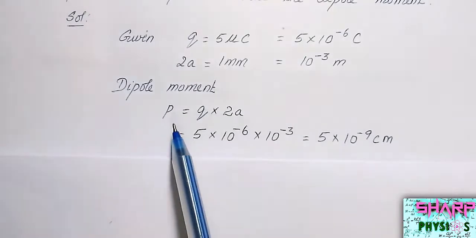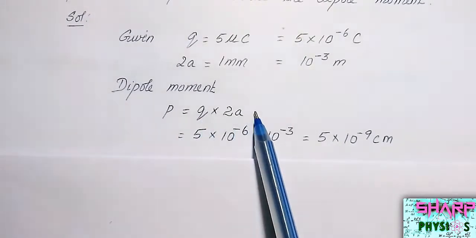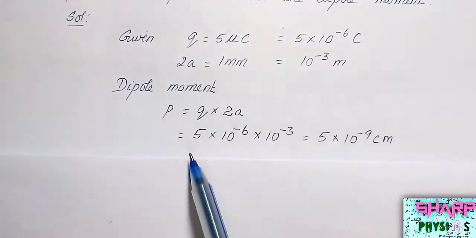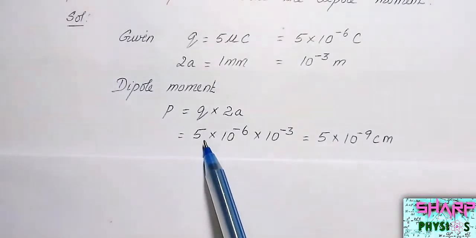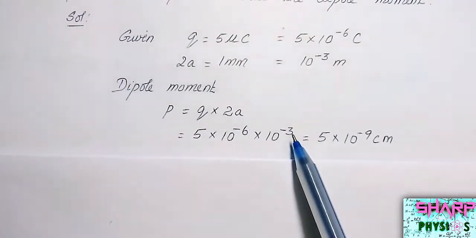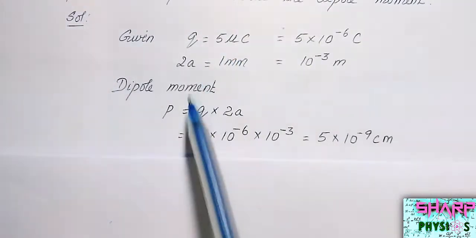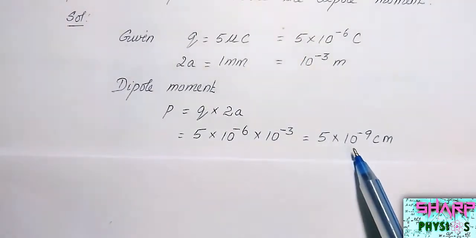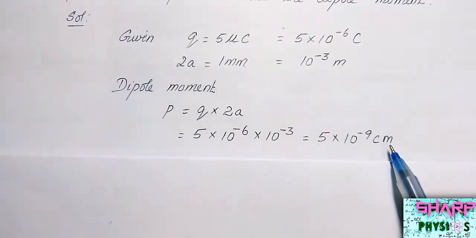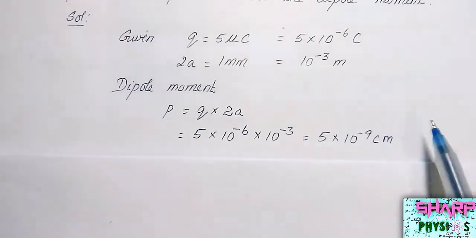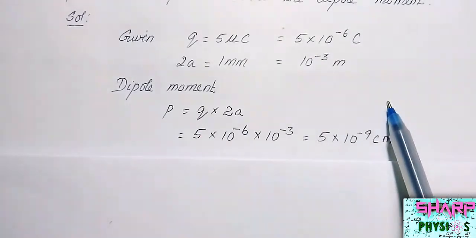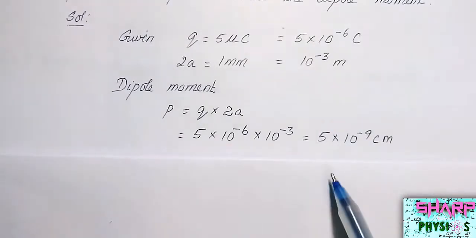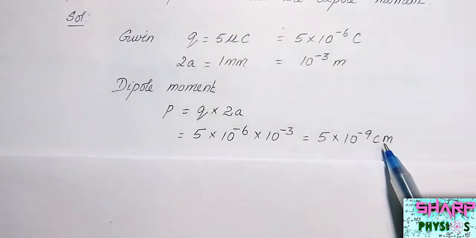So the dipole moment formula is P is equal to Q into 2A, which is 5 into 10 to the power minus 6 into 10 to the power minus 3. You get the answer 5 into 10 to the power minus 9 coulomb meter. So the dipole moment is 5 into 10 to the power minus 9 coulomb meter.